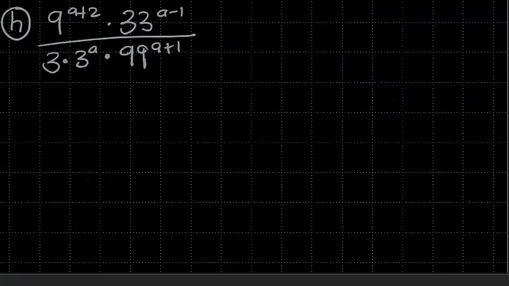Question 8. We have 9, 33, 3 times 3, and 99. So, what do we see? We can make these bases of 3 and 11. So, let's start with the first one. 9 becomes 3 times 3. That's 3 squared. And then we keep our exponents, a plus 2 in brackets.